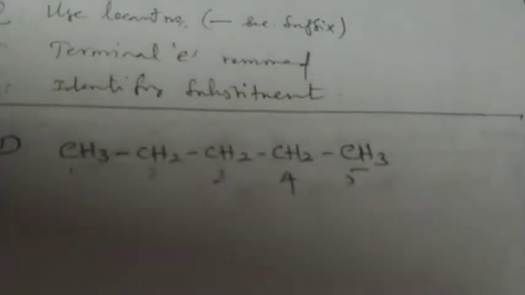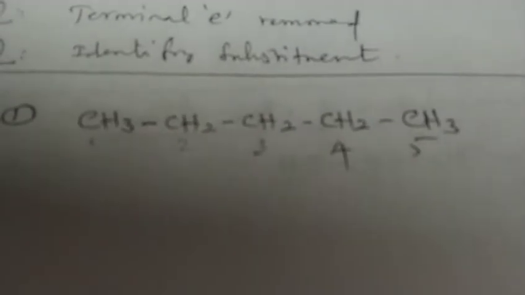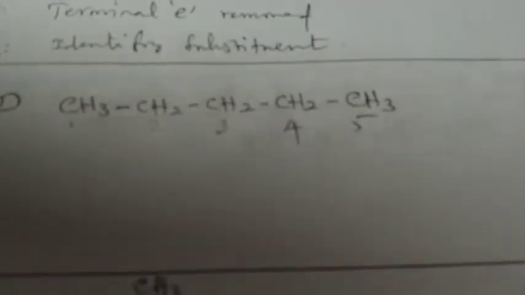We can number the carbons 1, 2, 3, 4, 5. So 5 carbons in the longest chain of the hydrocarbon means the root word is pent.